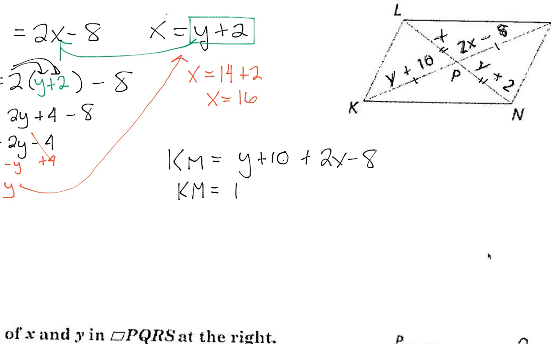So this is going to be 14 plus 10 plus 2 times 16 minus 8. So KM equals 48.